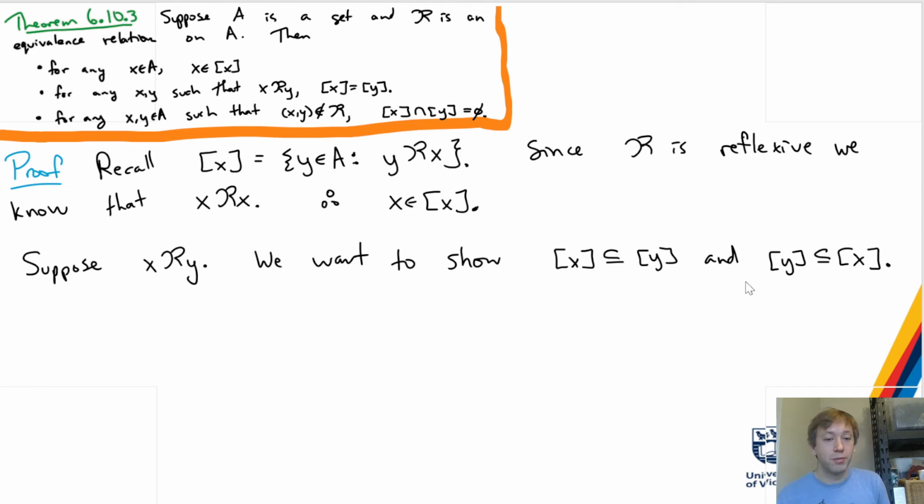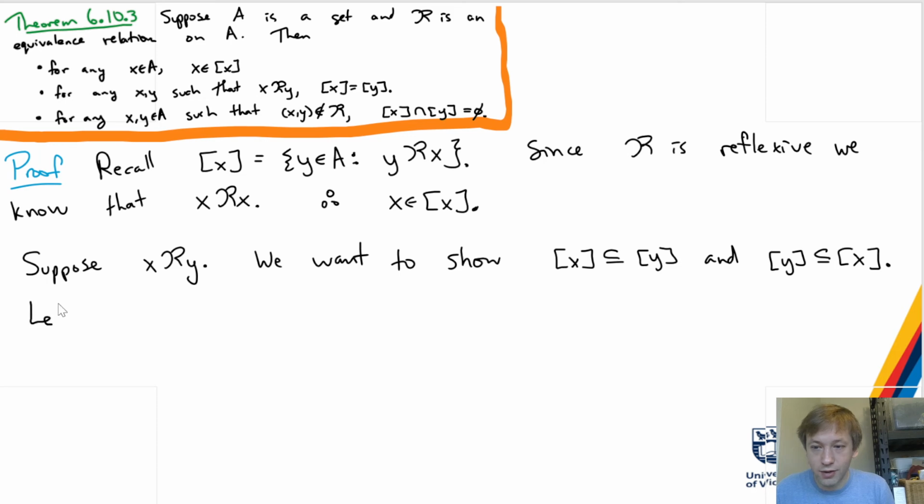Now to prove the first one of these statements, we have to pick an element of this set and show that it's in this set. This is really just reviewing all of your set theory proofs. So if you struggled with that part of the course, I think it's quite important to review it at this stage.